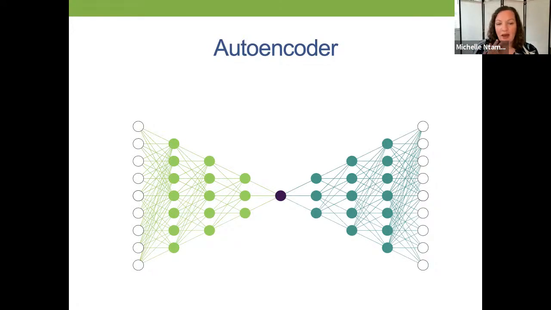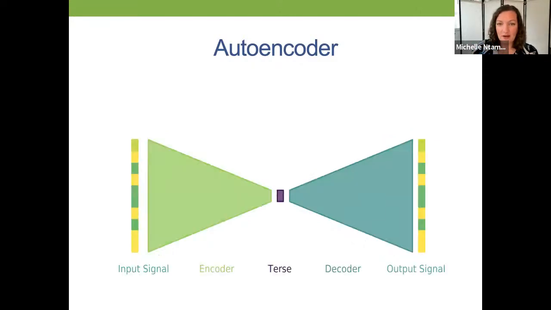As you can guess by all of these lines and connections, this is going to get very busy very fast. So I'm going to abstract away all of those hidden layers, and I'm just going to represent them as blocks. So here is my autoencoder again with some input signal, some output signal that is hopefully the same, an encoder and a decoder, and in the middle, some terse representation of the signal.